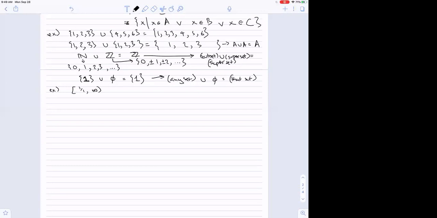I'm writing 1 over 1 instead of 1 because next I'm going to do 1 over 2, so I just want it to be consistent. So let's say I take the union of that with 1/2 comma infinity, and then I take the union of that with 1/3 comma infinity, and so on and so forth.